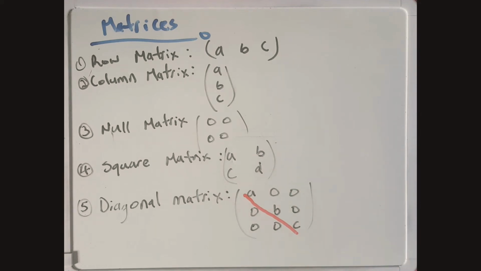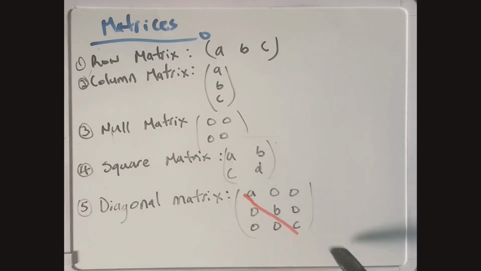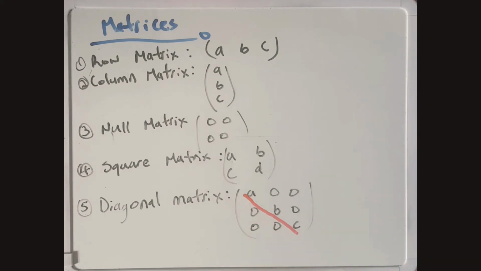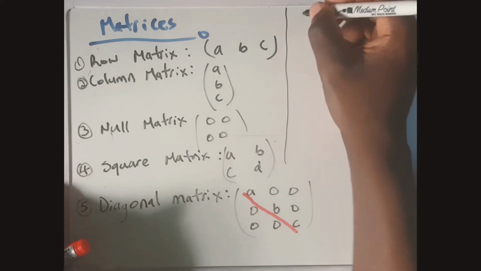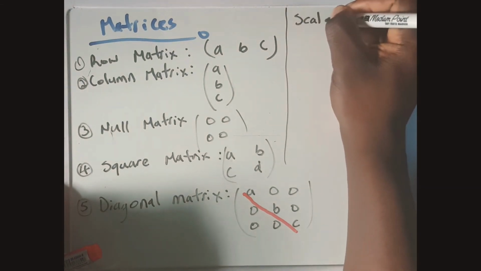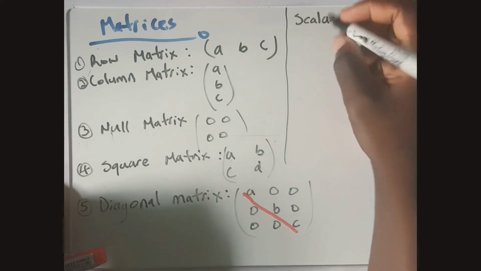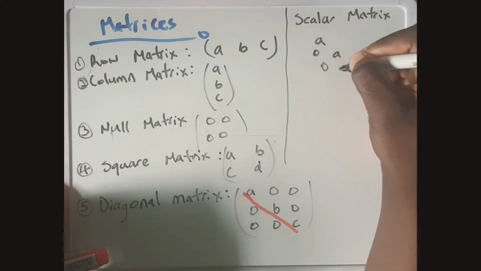are 0 value. Now to a scalar. A scalar is basically a diagonal, except it has the same values. So instead of having A, B, C, I'd have A. Let me write it here. So a scalar matrix would have A, A, A along the leading diagonal.